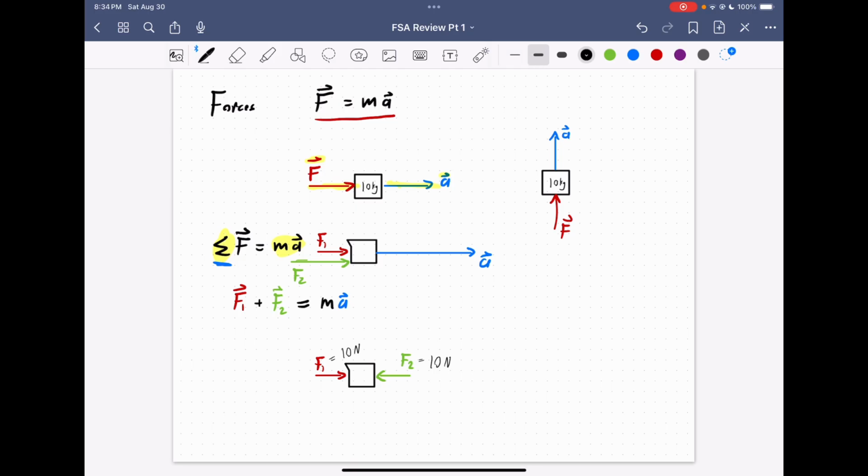Well, in order to add them together, we need to decide on a direction because they're going opposite directions. So we intuitively know they can cancel out, but we should write our coordinate system here and say anything pointing in this direction with the arrow is positive, meaning anything pointing to the other end here is going to be negative.